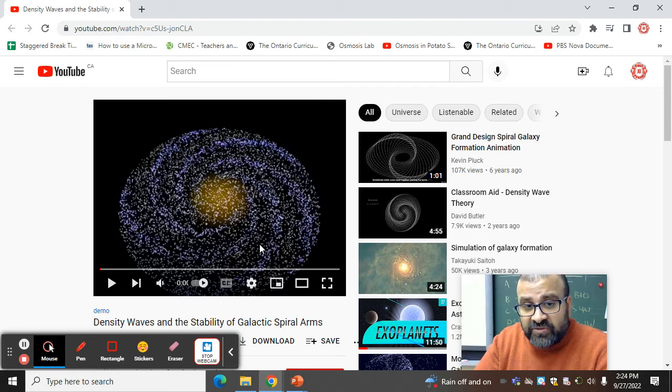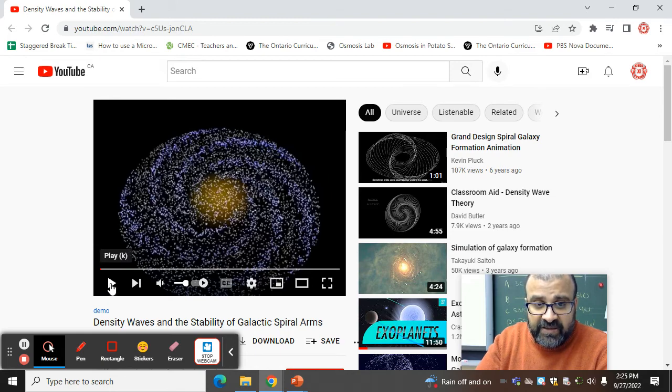Stars can actually move between these areas. A star that is in here isn't always going to be part of that arm. It can move out and across and around the galaxy as it orbits. So as stars orbit around, they may enter a spiral arm and they may leave a spiral arm.